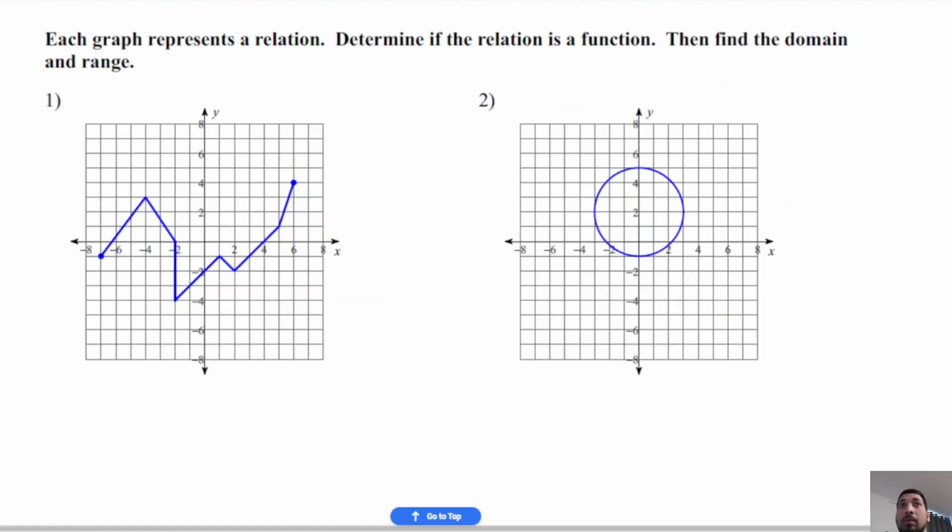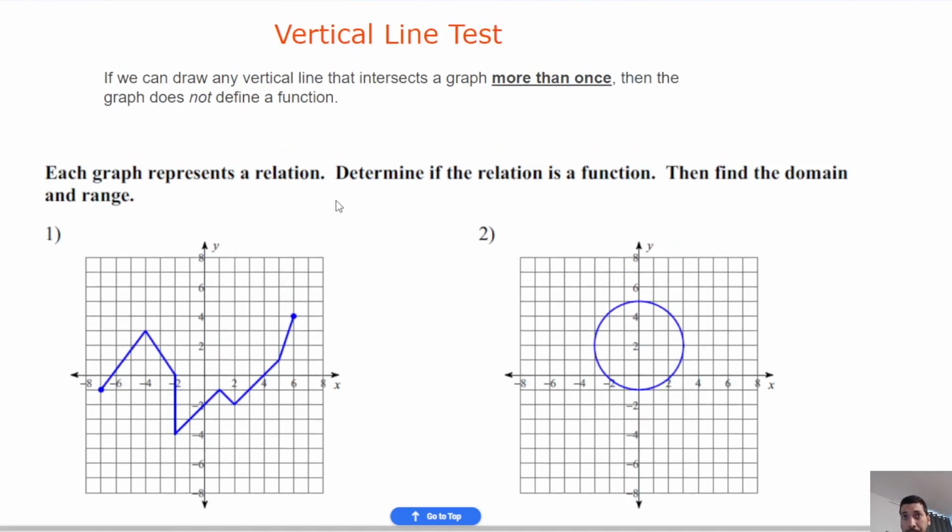Okay, so here the problem statement says that each graph represents a relation. Determine if the relation is a function. Then find the domain and range. So when we are given a graph, to determine whether that relation is a function or not, we can use a vertical line test.